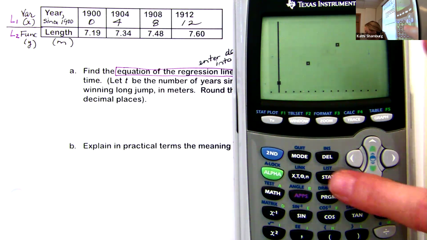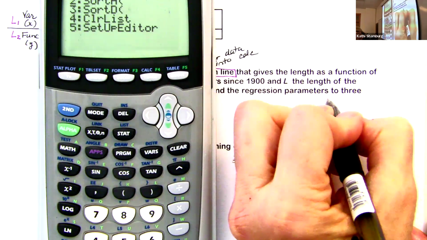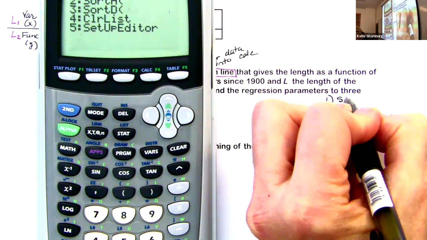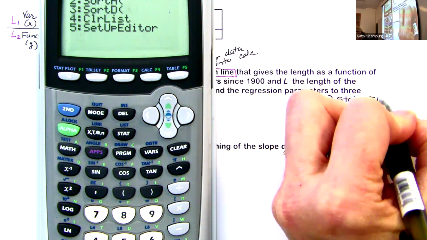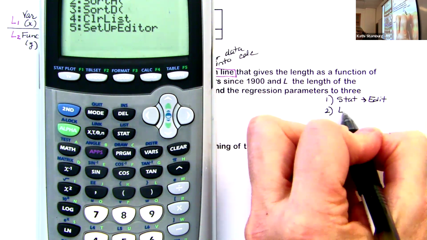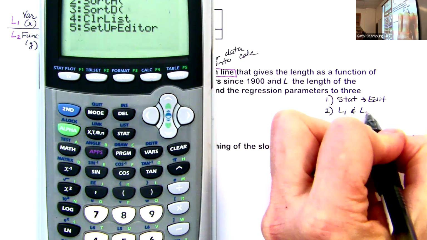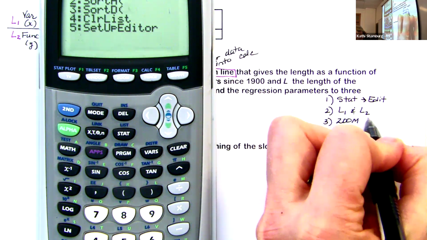Okay, I'm going to go to stat. All right, so I'm going to write that over here. So the first thing we did was stat edit. And then we entered list 1 and list 2. We went ahead and did Zoom 9 to see what it looked like.